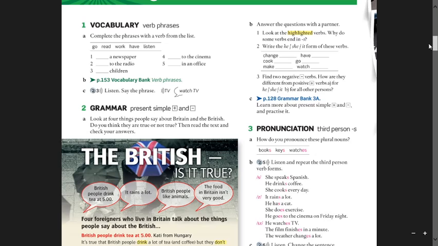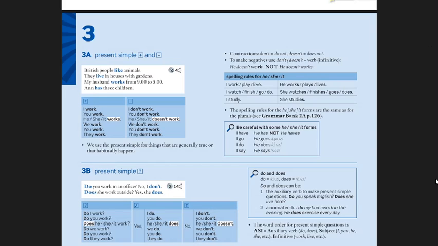We use the present simple for things that are generally true or that habitually happen. That is to say, routines, daily habits, daily actions, okay? Remember that for negative, we use don't, that is the contracted form of do not, and doesn't, that is the contracted form for does not, okay?